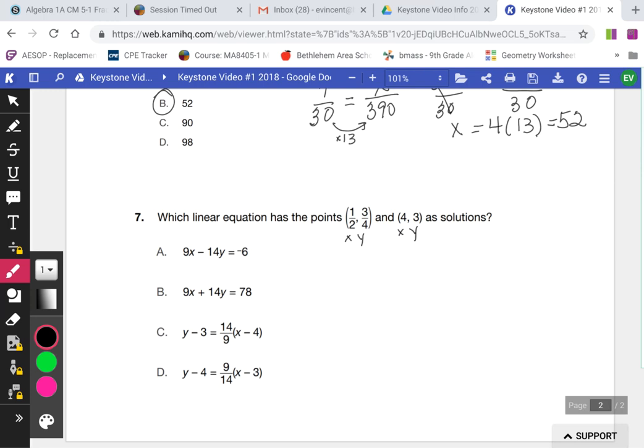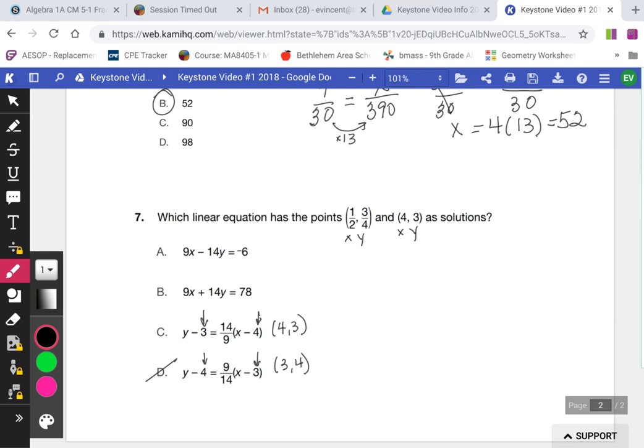So I know that C and D are both point-slope form. And in point-slope form, we have an x value and a y value in each equation. So both of those give me a point. C gives me the point (4, 3), and D gives me the point (3, 4). Well, right off the bat, that eliminates D as one of my solutions.